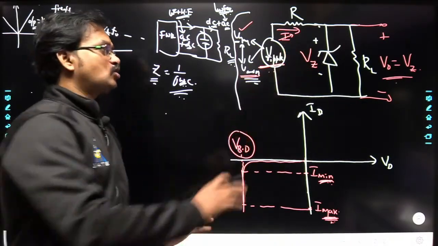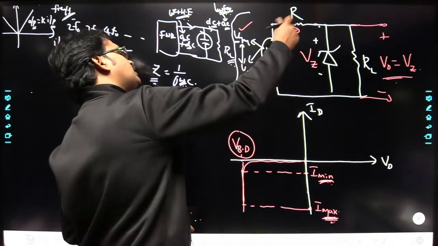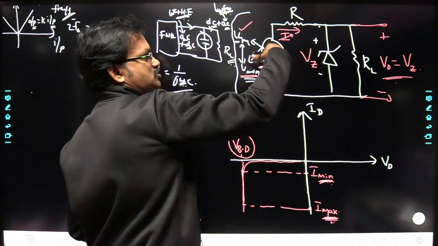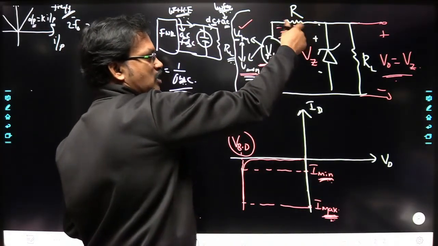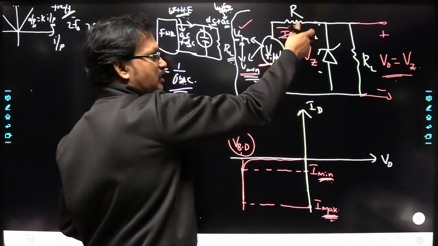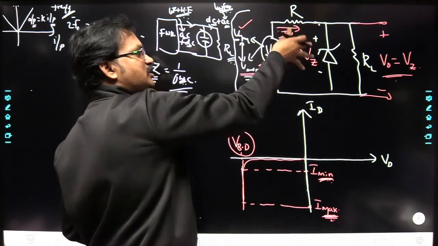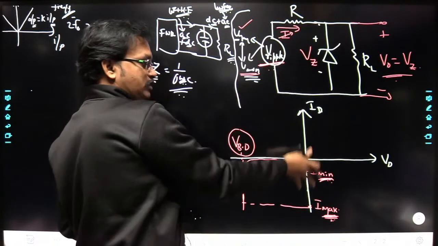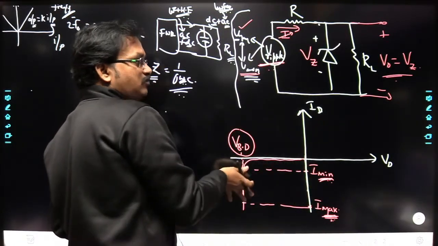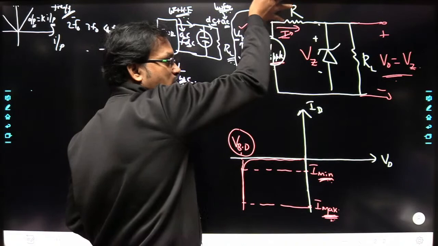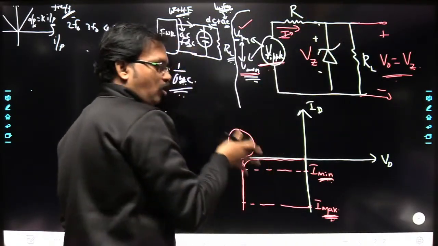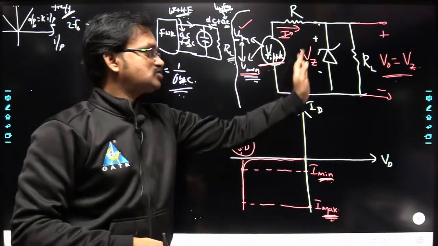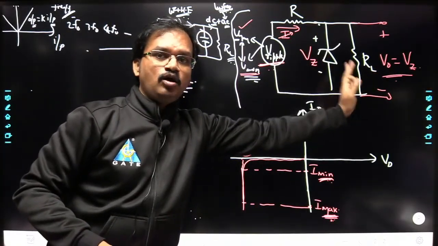Right, okay, so whatever the fluctuations in the voltage here, because of these fluctuations you are going to get fluctuations in the current. Even though there is a fluctuation in current, this Zener diode will allow that variation, and it is going to give you a constant voltage at the output, because we made the Zener diode operate in breakdown region, and hence it produces a constant voltage at the load.